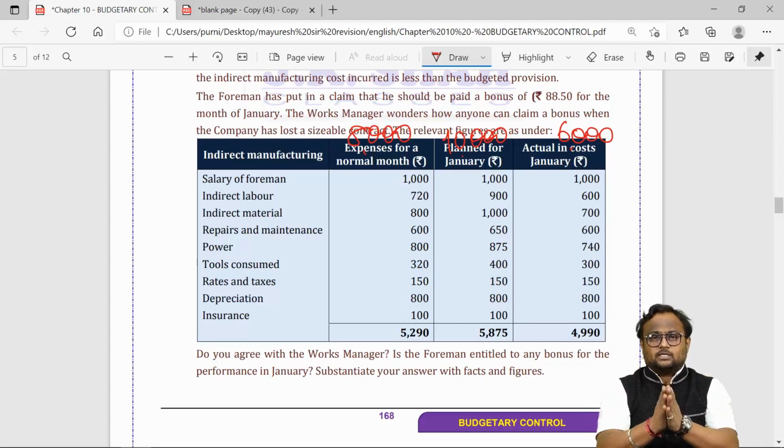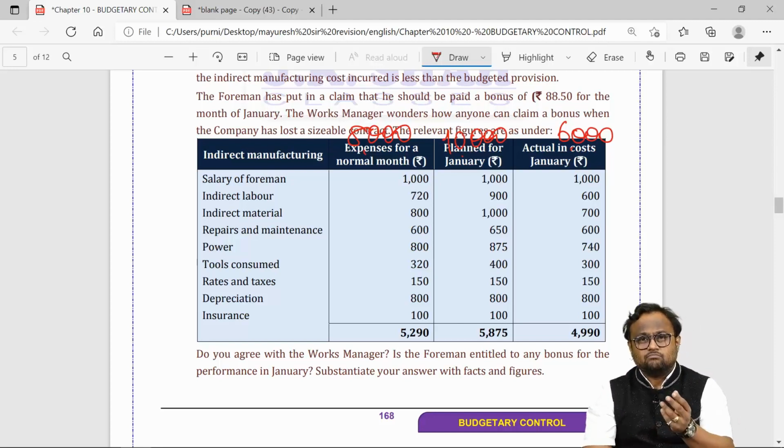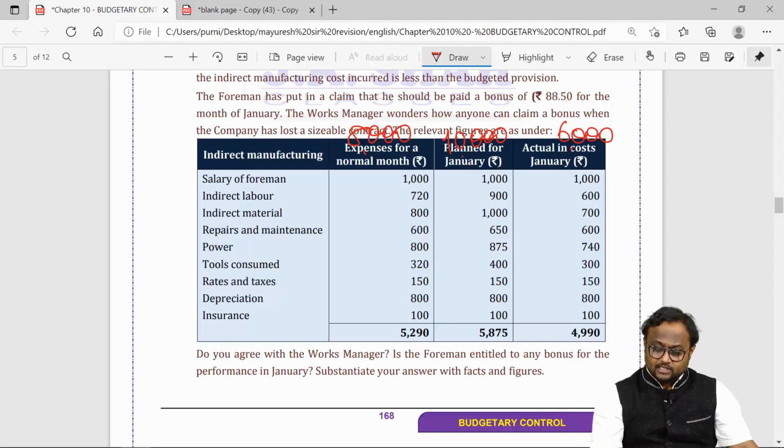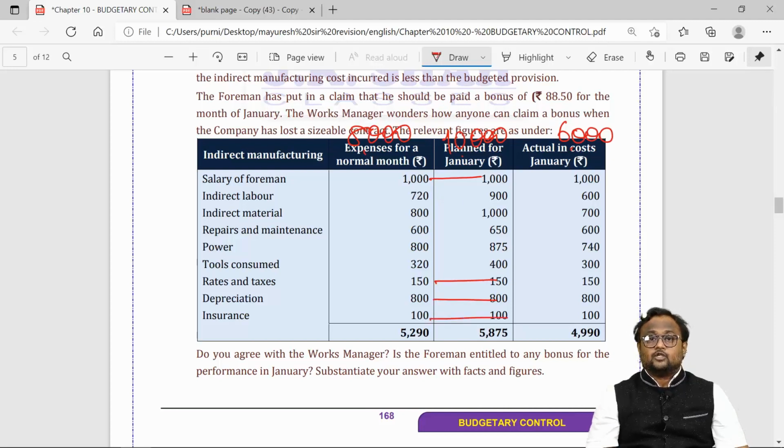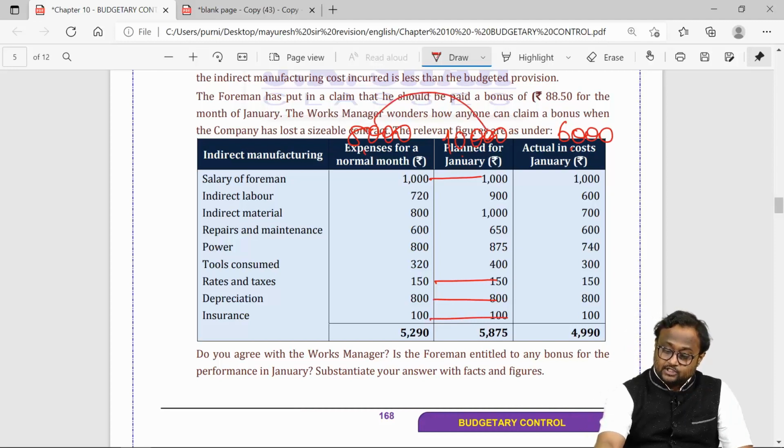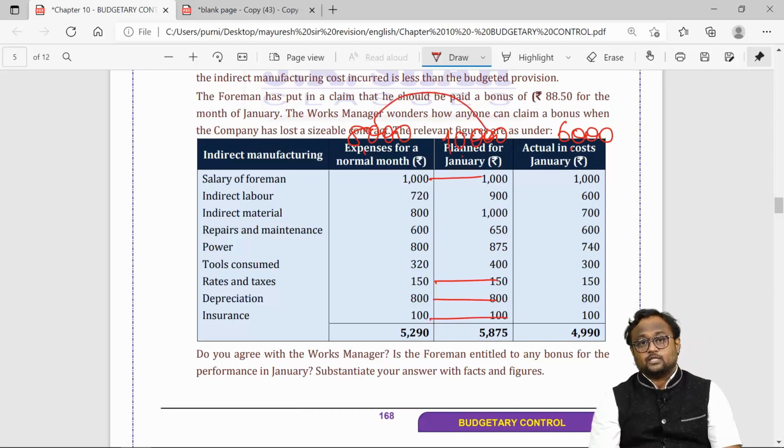If I want to consider something as a base, I should be having the breakup of cost structure, guys. Now, if you analyze salary to foreman, rates and taxes, depreciation, insurance, there is no change in the cost, even if there is a change in the quantity from 8,000 to 10,000.